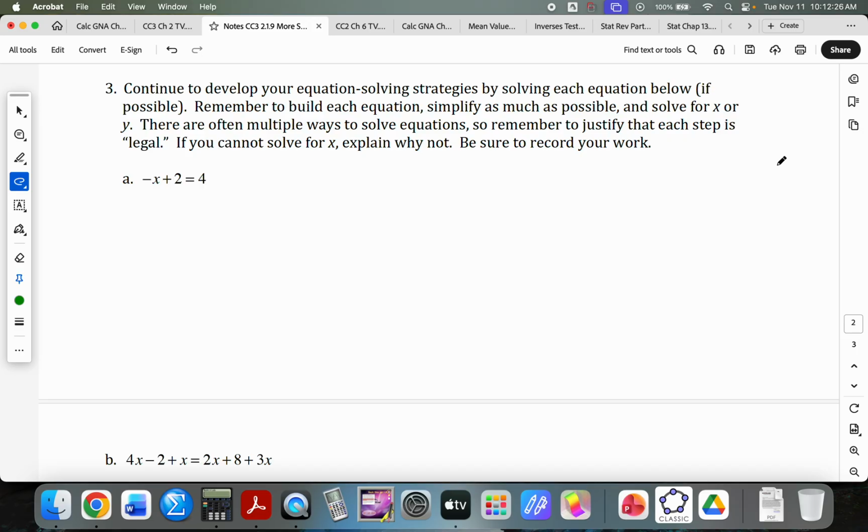So everybody do this one. See what you think. It's a little bit different. There's more than one correct way to do this one.